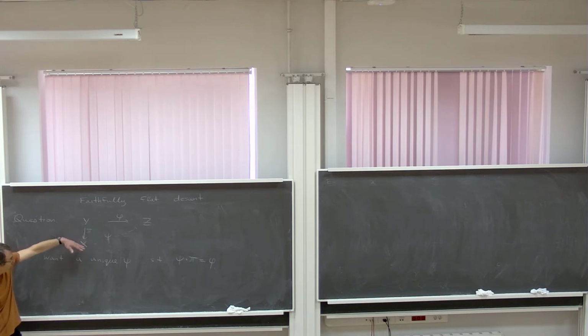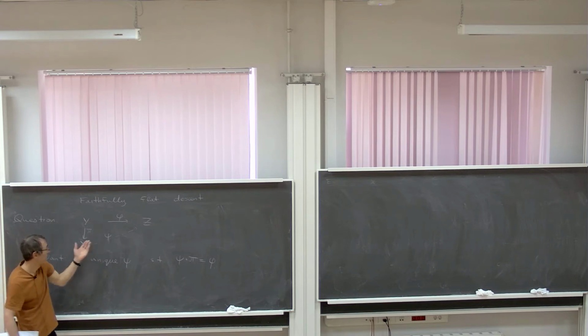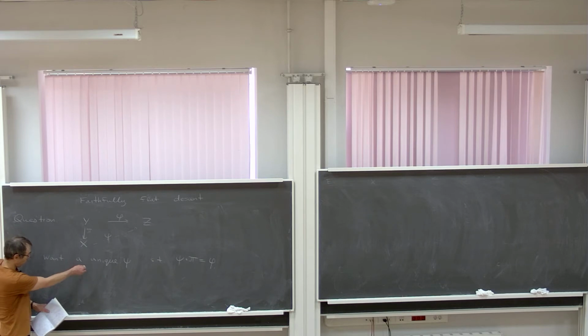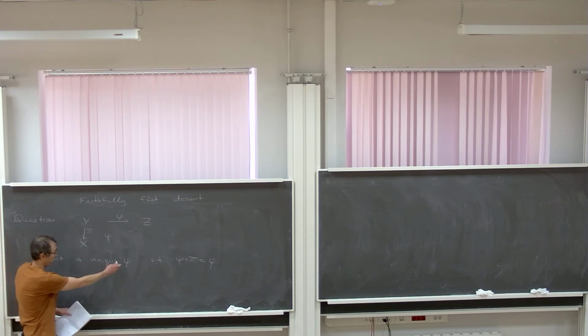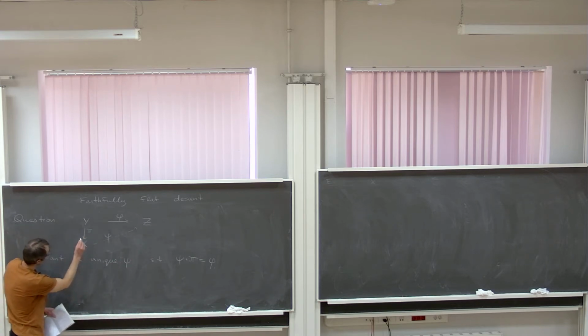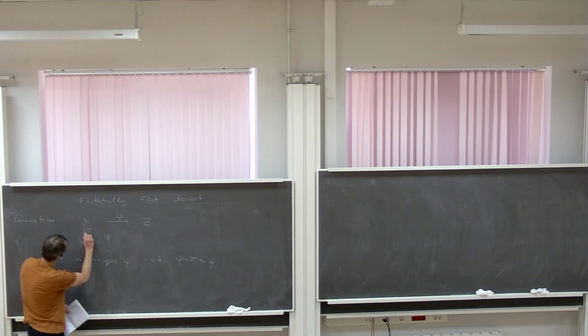For example, if we just take for Y, X plus a single point, then we can define psi arbitrarily at this single point we add. So to make this question more reasonable, to have a chance for uniqueness, let's assume that this morphism is surjective.